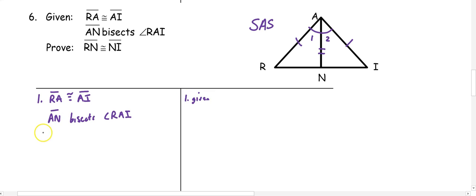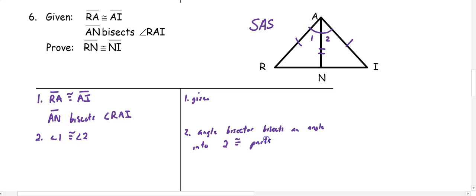So now that we know the angle is bisected, we can say that angle 1 is congruent to angle 2 because an angle bisector bisects an angle into two congruent parts. And then in our third step, the other thing that we also marked was that AN is congruent to AN by reflexive property.